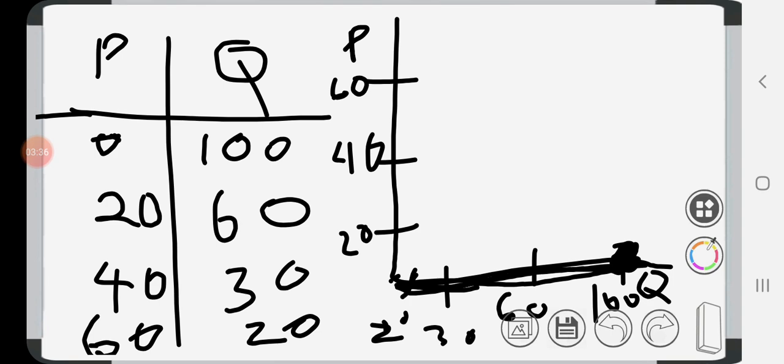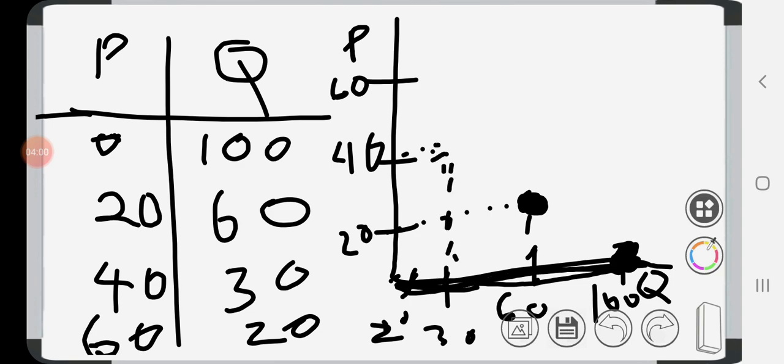Now, when it was 20 here, you moved to 60. So you were somewhere in the middle there, where 60 and 20 meet, where the price is 20 and the quantity is 60. When it moved out to 40, you moved to 30, right?